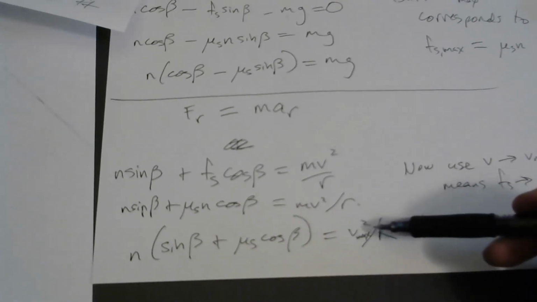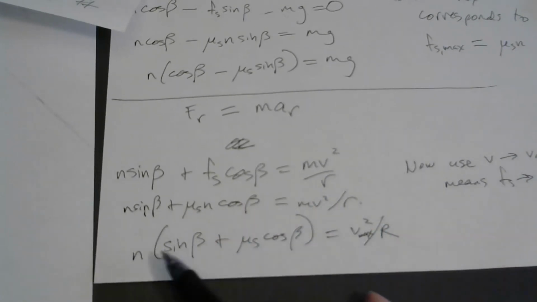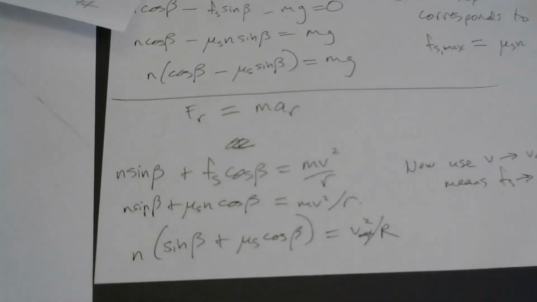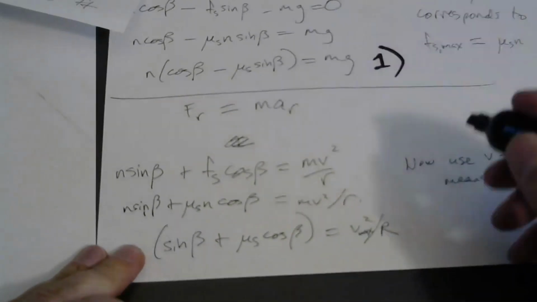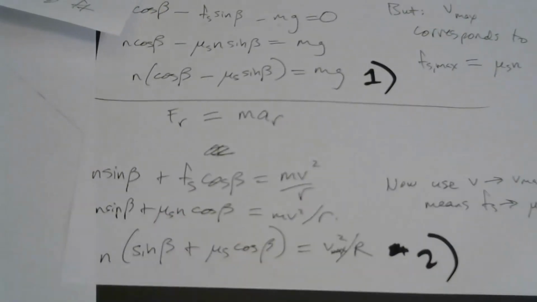We need to solve for v max. I can't solve this one equation for v max because it contains the unknown normal force. This equation also contains the normal force, however. So how's about we call this equation 1. Here's equation 2.